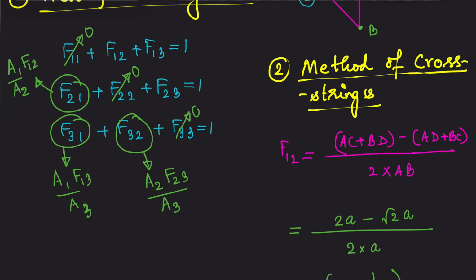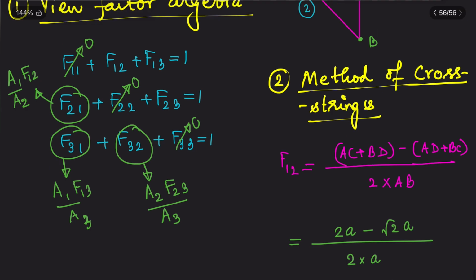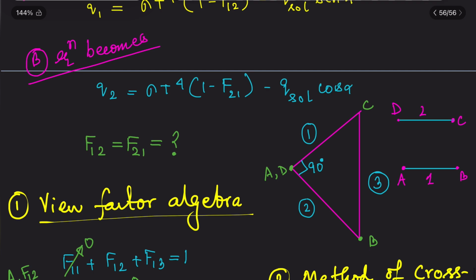But those who are appearing for GATE also, I have tried to cover it from the very basics. That is, if you are studying radiation for the first time also, you should be able to grasp all the concepts from the fundamentals, right? So we got this value of F12, F21.